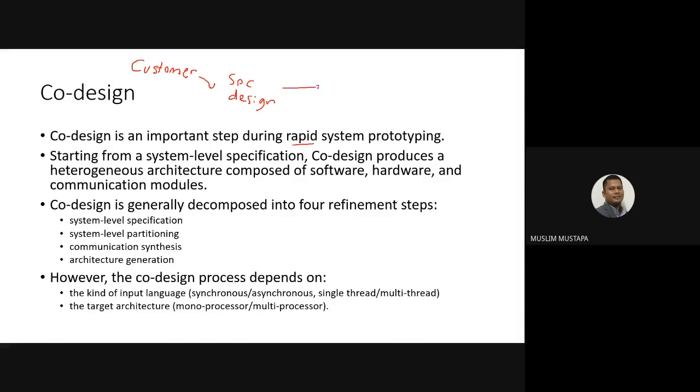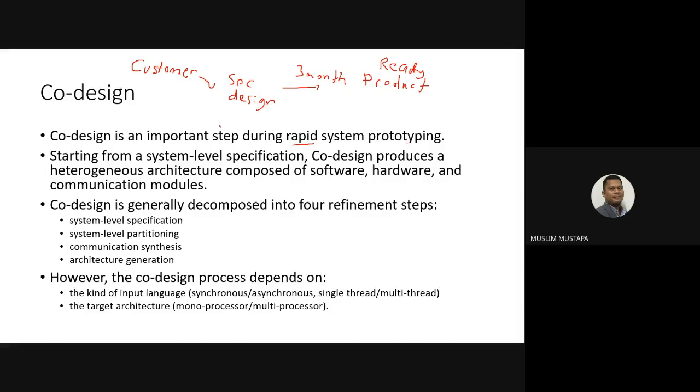For example, 3 months for the product to be ready in the market, meaning already tested and ready to run. So that is when we say rapid system prototyping.